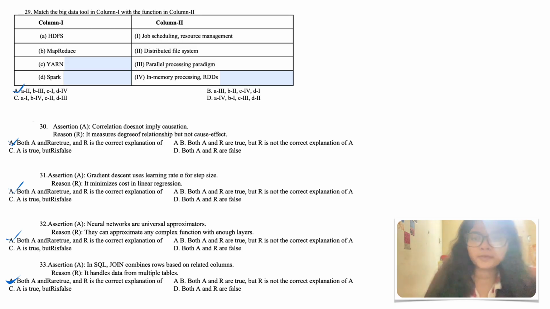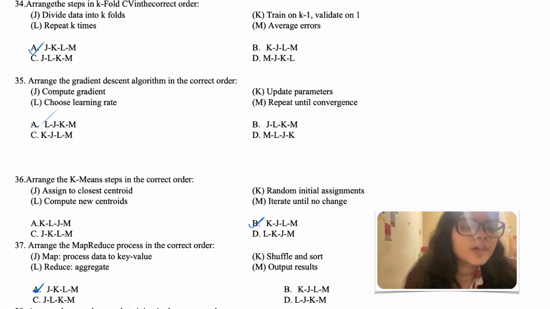Moving towards the 8th slide, the first question is to arrange the steps in k-fold CV in the correct order. So in k-fold cross validation, suppose our data is divided into k parts or k folds.